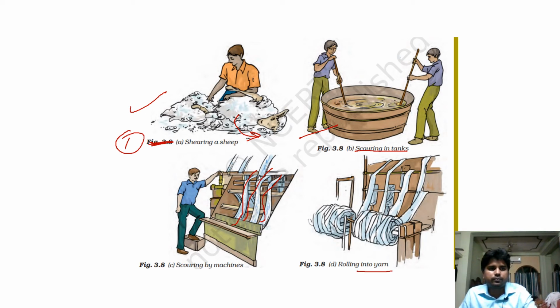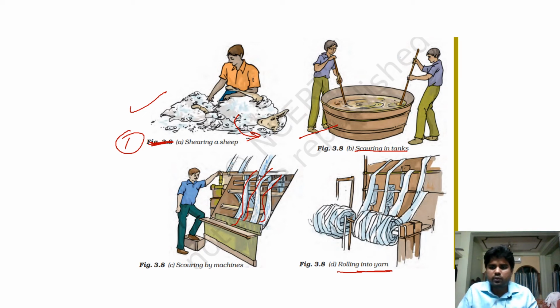So student, now we have seen all these 4 steps: shearing of sheep, scoring in the tanks, cleaning by machines, and then rolling into yarn.